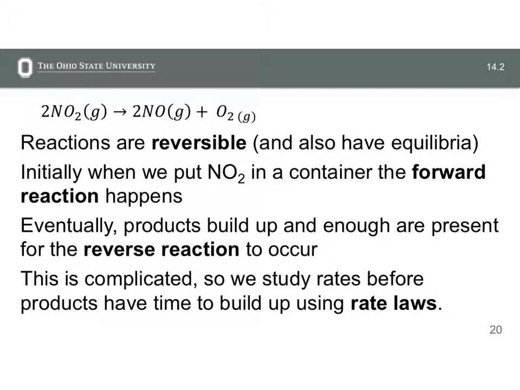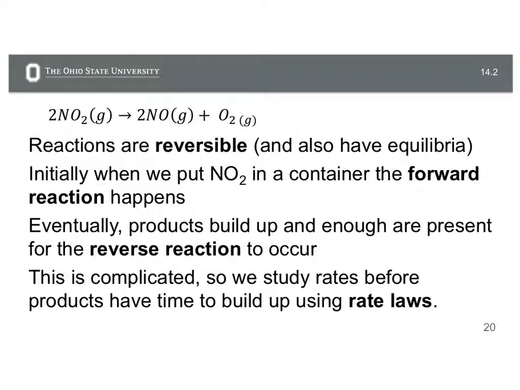Now, one of the problems with looking at rates in terms of disappearance or appearance, the way we've done it so far, is that reactions are reversible, and as we will see, they will have equilibria. So for the rate of formation of product, there's going to be some back reaction where we're reforming reactant.